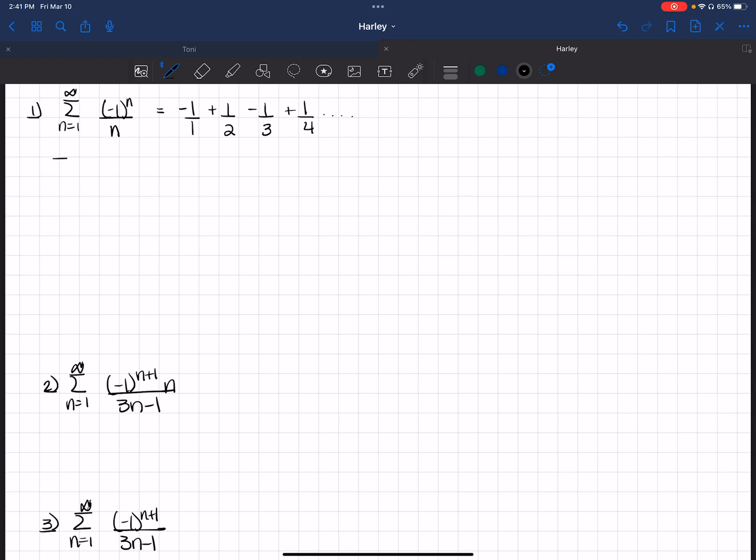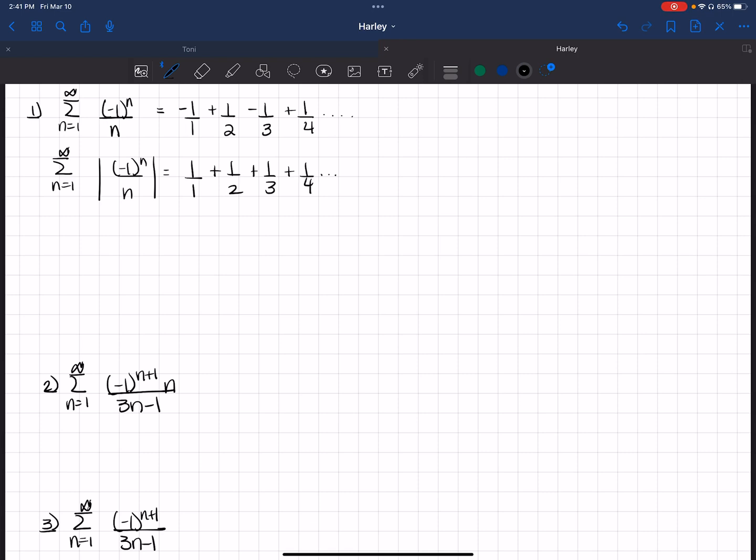If I take the absolute value of that, those values I'm going to get now are going to be 1 over 1, plus 1 over 2, plus 1 over 3, plus 1 over 4, and so forth, okay?